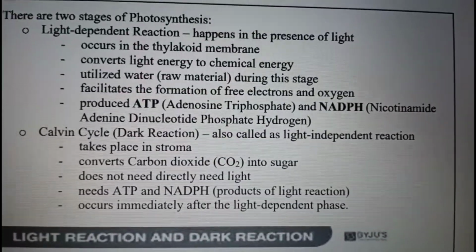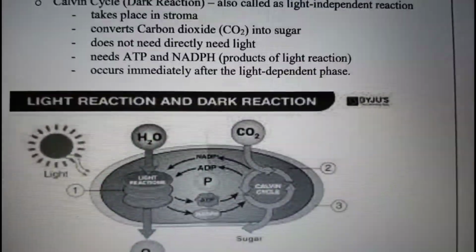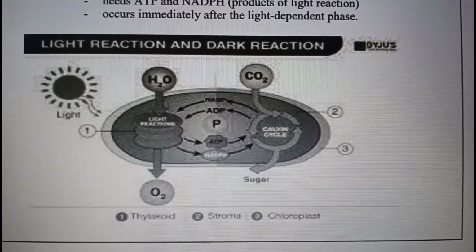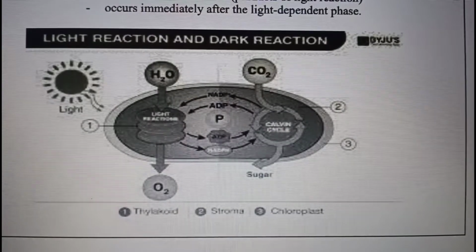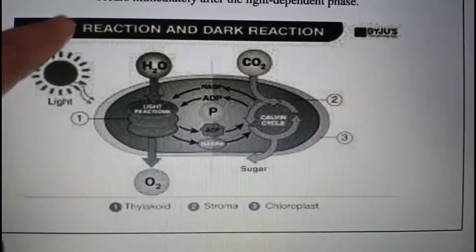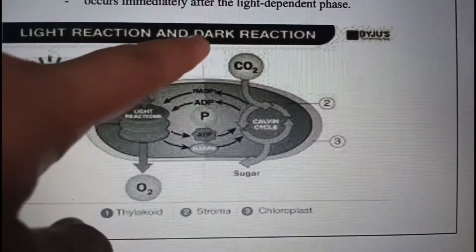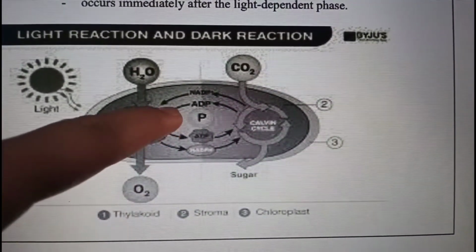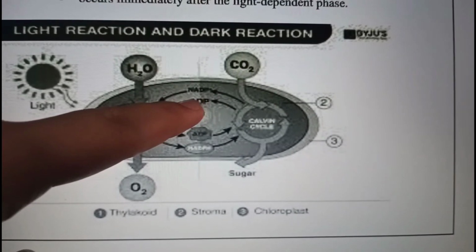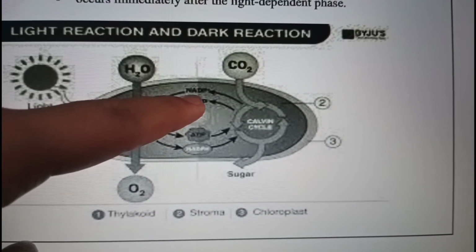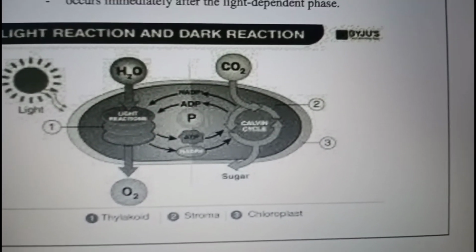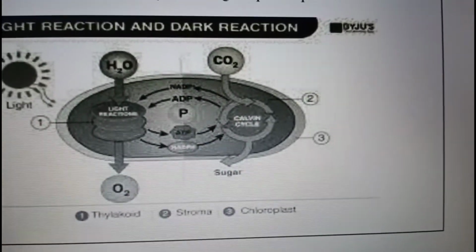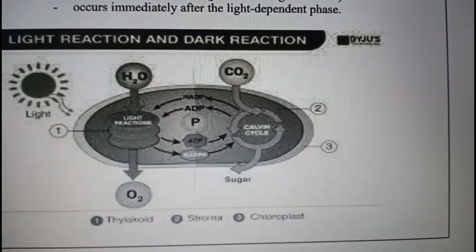Okay, for your exercises or activity, by the way, this is the light reaction and the dark reaction figure. In the presence of light, with the water, it produces oxygen, NADPH and ATP, which are needed during the Calvin reaction.